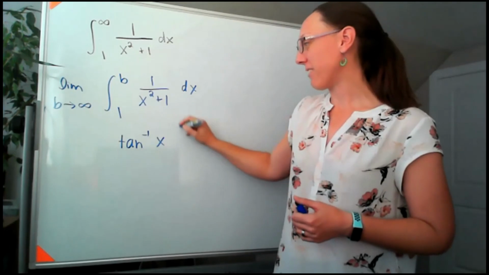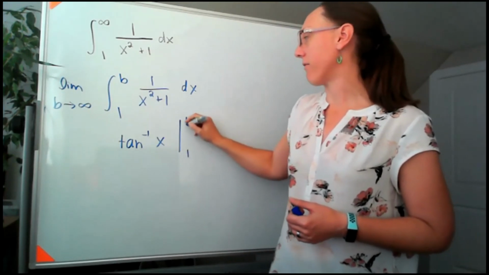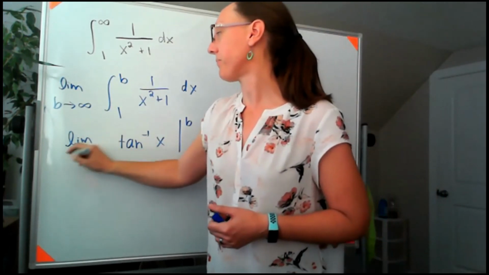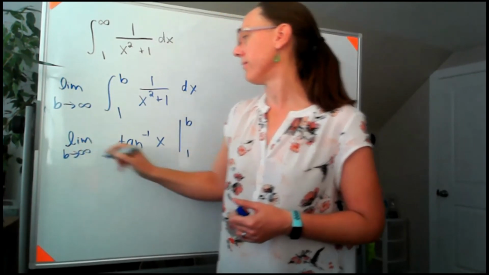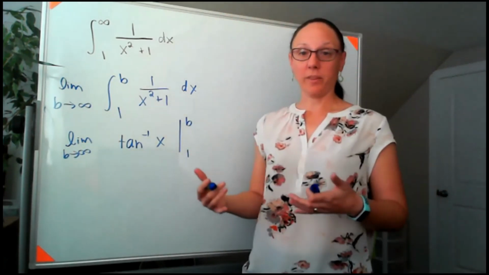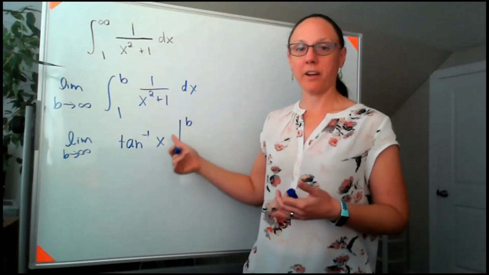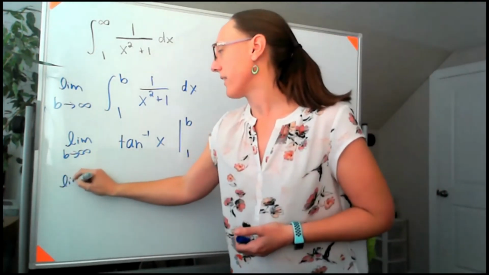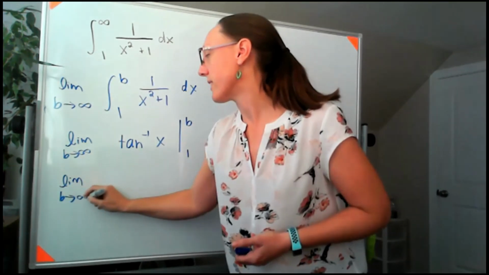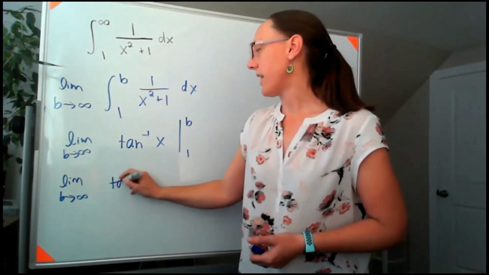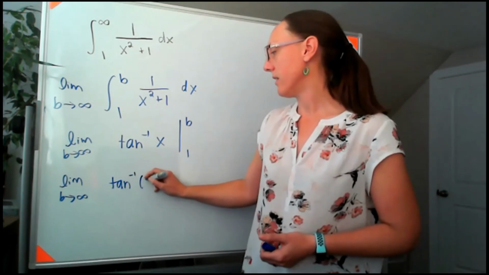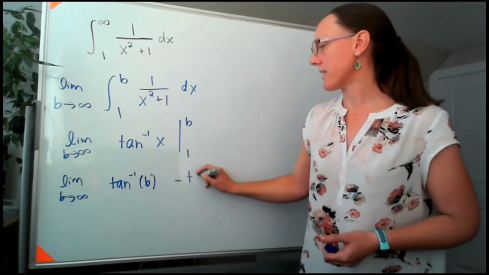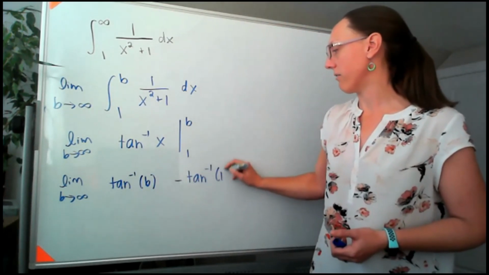So I've got tan inverse, and then we're evaluating that from 1 to b. Just like with any of our definite integrals, I'm going to plug in the top value and subtract off plugging in the bottom value. So I'm looking at the limit as b approaches infinity of tan inverse of b minus tan inverse of 1.